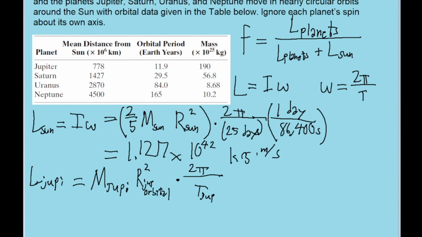All that information is given to us in the table. So if we put in the numbers for Jupiter, for example, we find an angular momentum of about 1.9240 times 10 to the power of 43 kilogram meters squared per second. So that's the angular momentum of Jupiter.